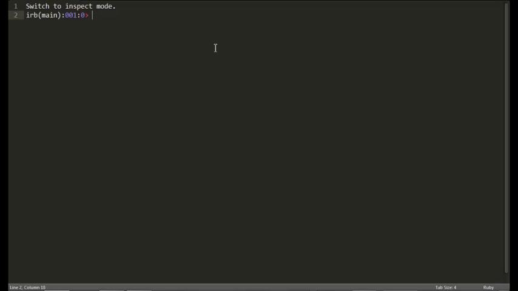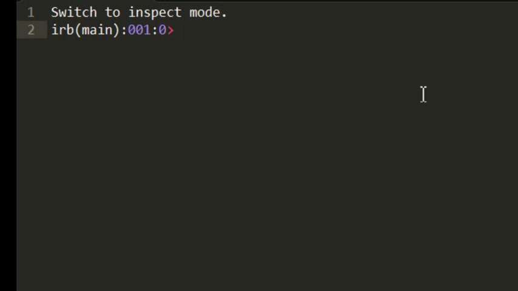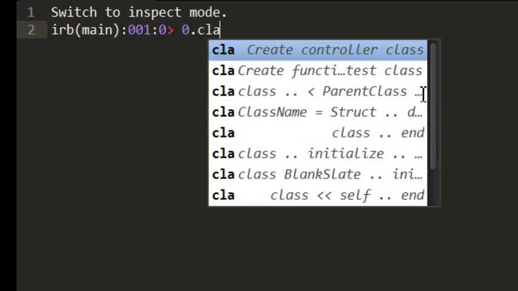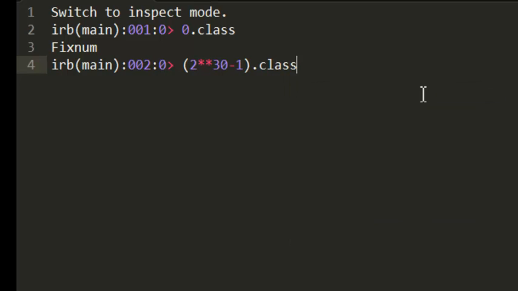We can experiment with Fixnums and Bignums at the IRB, Ruby's Interactive Interpreter. So we can check whether 0's class in fact is Fixnum, which it is. We can also check whether 2 to the power of 30 minus 1 and its class is Fixnum, and it is.